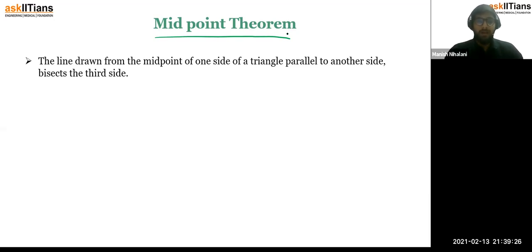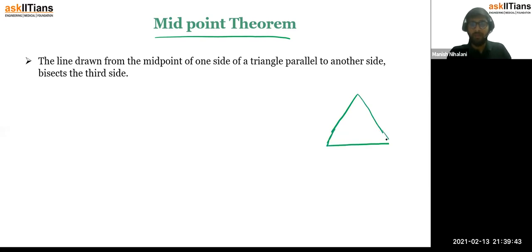It says the line segment drawn from the midpoint of one side of a triangle, parallel to another side. First of all, we need to draw a triangle ABC.